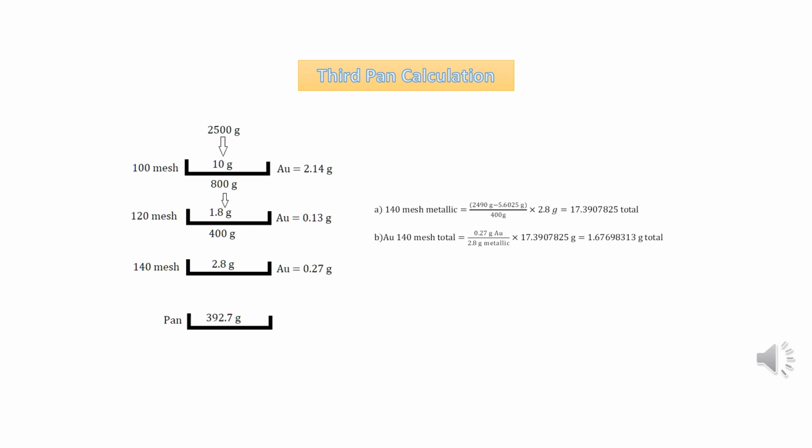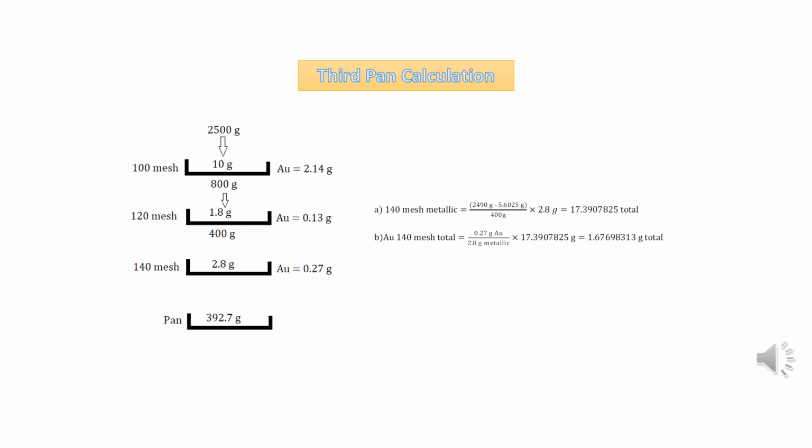Likewise, you can now estimate what the gold amount would have been if you used that remaining 1,682 grams. And that's easily done. You take the 0.27 grams of gold that you've analyzed and weighed.